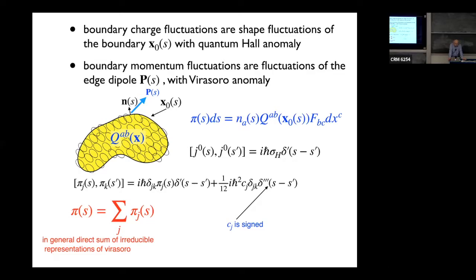Dipole moment gets converted to momentum: dipole moment normal to the edge gets converted by the Faraday tensor to momentum along the edge. The fundamental relation, because I don't have it written on the slide, is pi_A equals F_AB P^B, right?